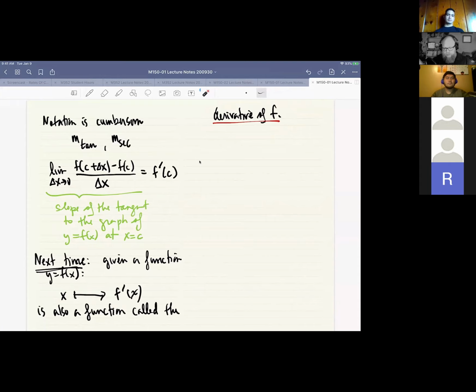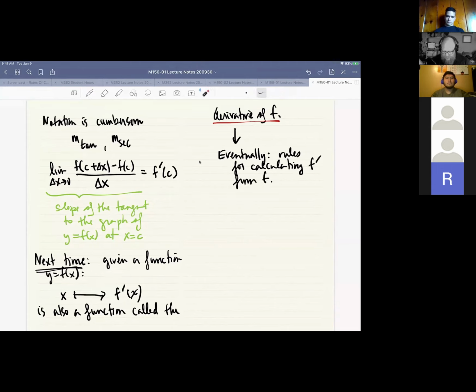So read the first couple sections of chapter 3. Maybe go read the first section of chapter 2. And we'll explore these ideas more deeply starting Monday. Eventually, there'll be rules for calculating f prime from f.